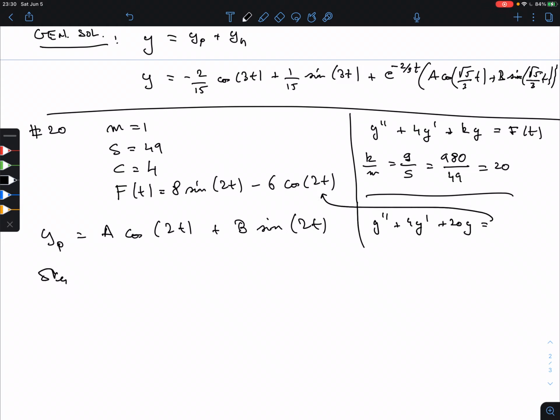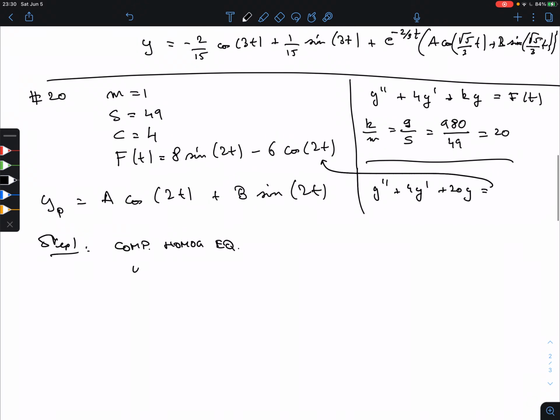So step 1 is the complementary homogeneous equation: y double prime plus 4y prime plus 20y equals 0. The characteristic equation, since these are constant coefficients, is t squared plus 4t plus 20 equals 0.